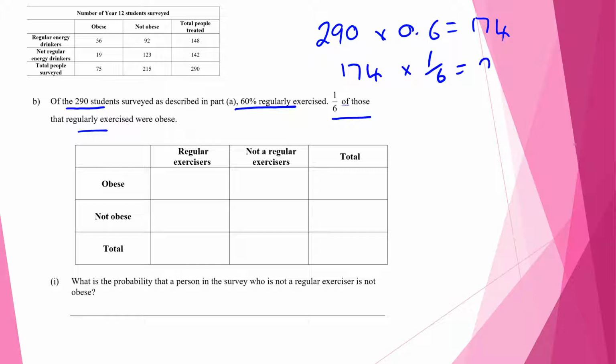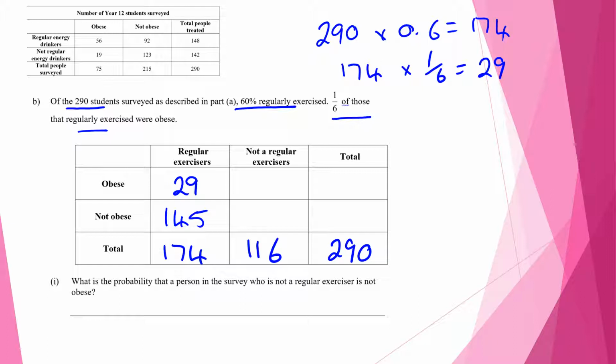So that gives us 29 students who were obese. So we can use this information to start completing the table. We've got a total number of students of 290, 174 of them regularly exercised, and 29 of those regular exercisers were obese. Therefore, 145 were not obese, and 116 did not do regular exercise.